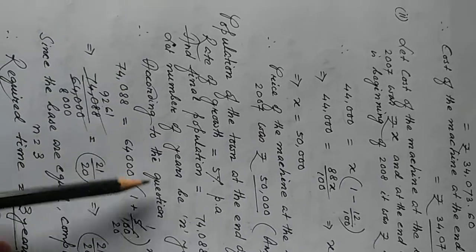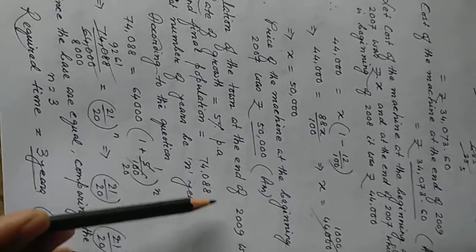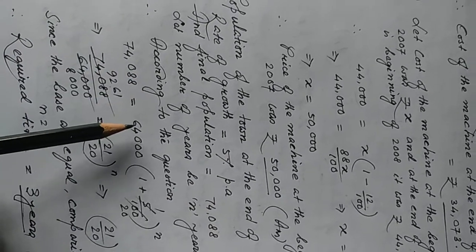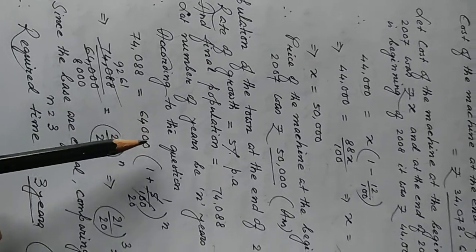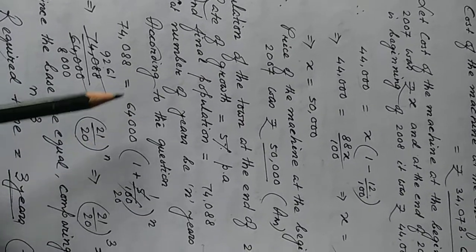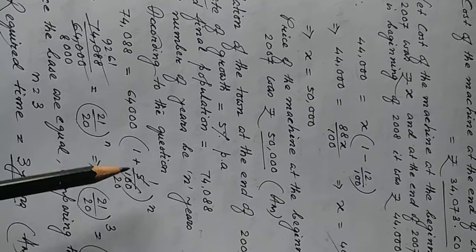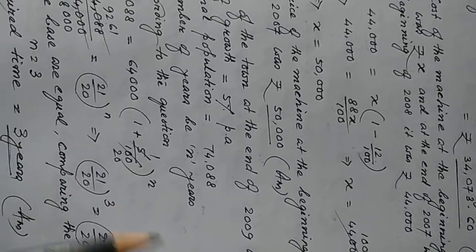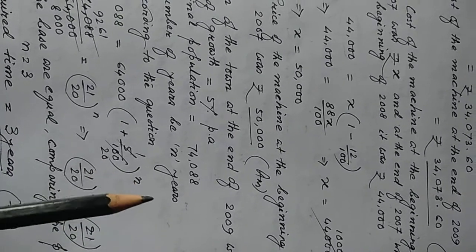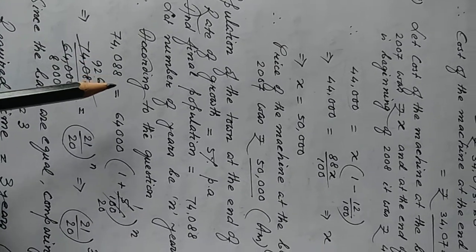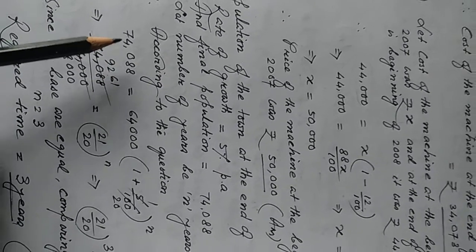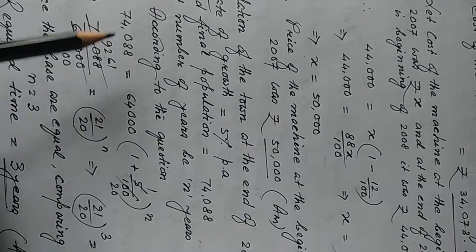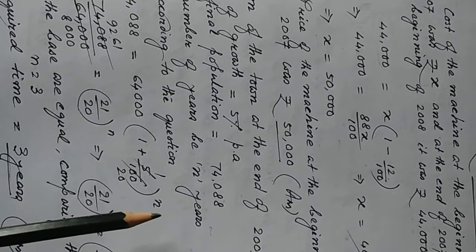So according to the question, we can take this 74,088 as amount and 64,000 as principal, because on this 64,000 at the rate of 5%, the population in n years increasing by 5%, that will be reached to 74,088. So this I write as an amount and this one as principal, and using the formula amount equal to p whole into 1 plus r by 100 to the power n.